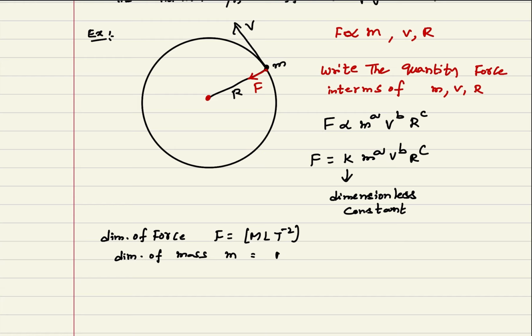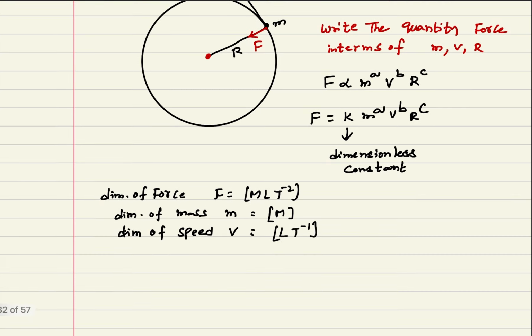Dimension of mass m is capital M. Dimension of speed v is L T power minus 1.